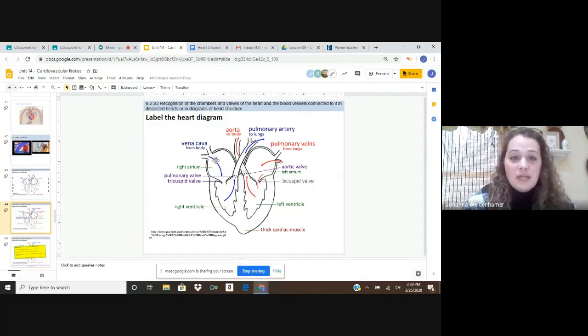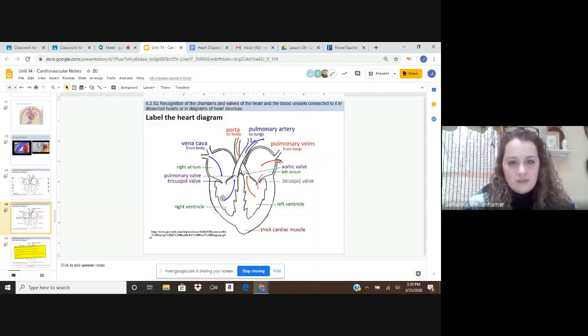That deoxygenated blood is then going to flow through the tricuspid valve and allow the blood to enter into the right ventricle. Now remember, valves help prevent backflow of blood. So when that blood has entered the right ventricle, that tricuspid valve is going to close once the blood from the right atrium enters into the right ventricle.